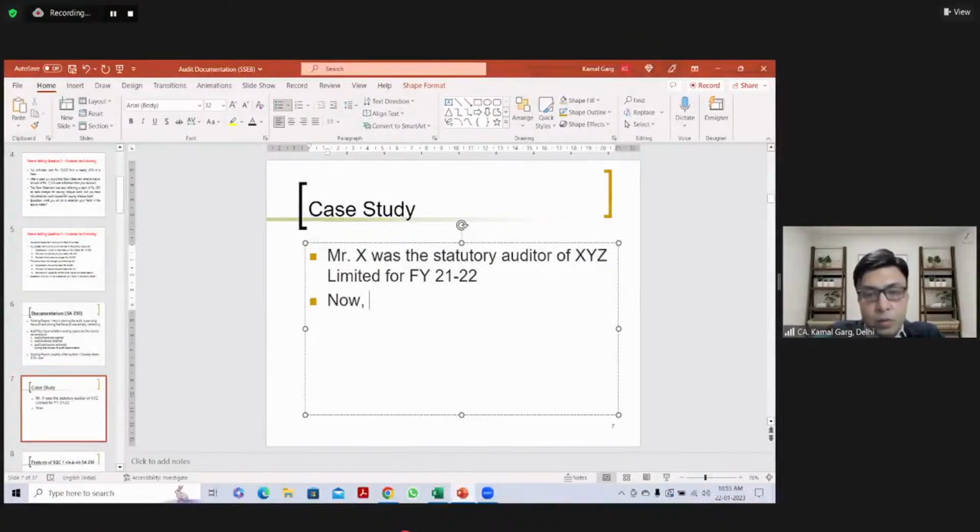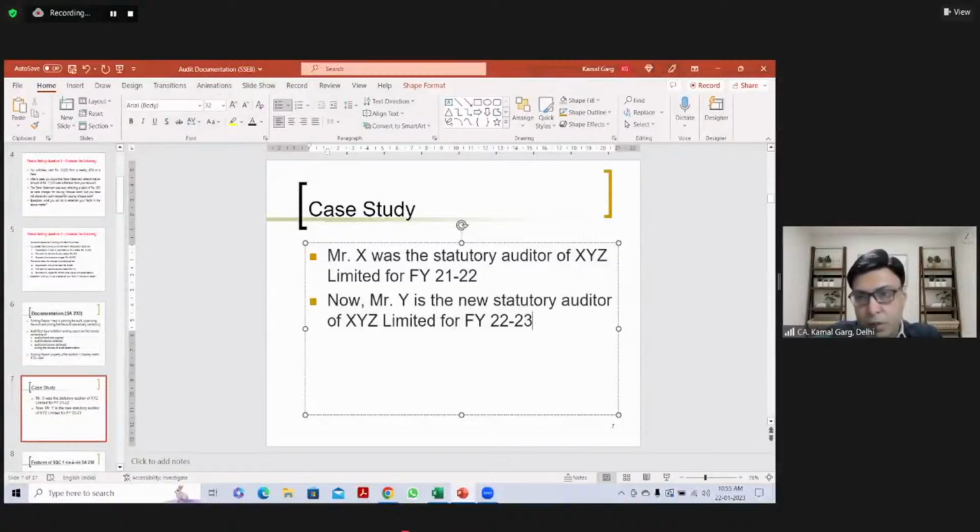Now, Mr. Y is the new statutory auditor of XYZ Limited for financial year 22-23.